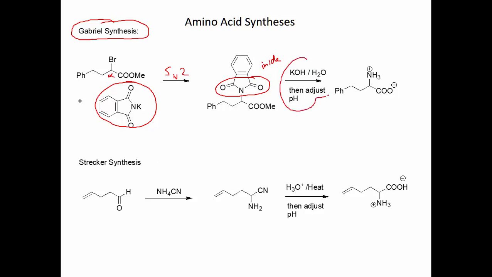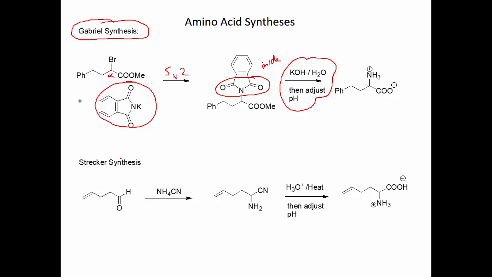There are our hydrolysis conditions, usually just basic conditions, and this is going to turn the phthalimide into the alpha amino acid.